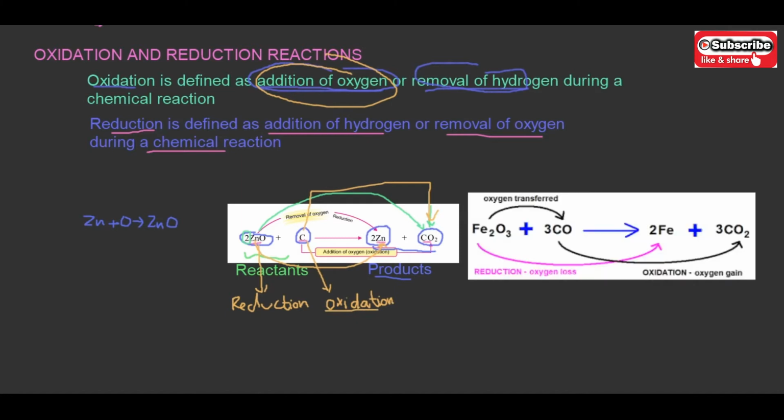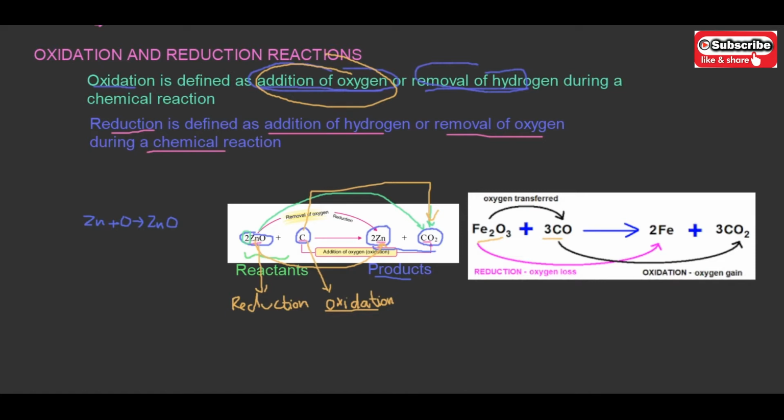Now let's move toward another example of oxidation and reduction. In this case, we will study another example of iron oxide and carbon monoxide. In steel mills, iron ores, usually oxides of iron, are converted to pure metal commercially by the reaction with coke.